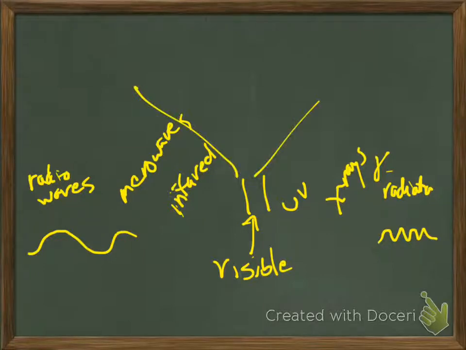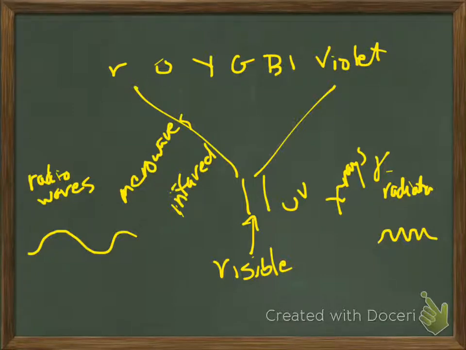Okay, in this visible light, we go from red, it's ROYGBIV, and last being violet, and then it goes to ultraviolet. Hopefully that makes sense. And they usually blow up the visible light so that you can see it.